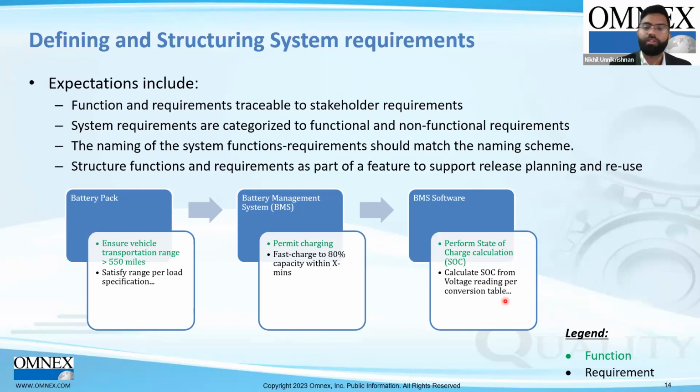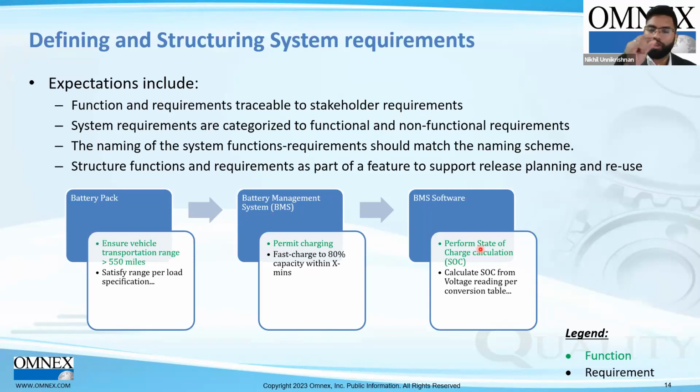So let's say there's a specification table that's being referred to, which is being used to convert the voltage reading to the state of charge value, then that's again going to serve as an input into supporting what the fast charging should happen within the battery management system. So you can see how when you're going from one level to the next level, this chain of requirements that we have from top to bottom is going to support each other.